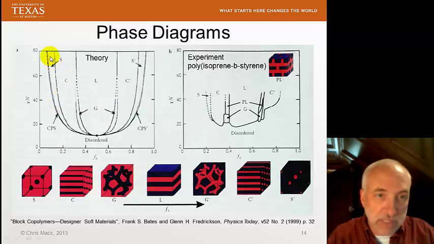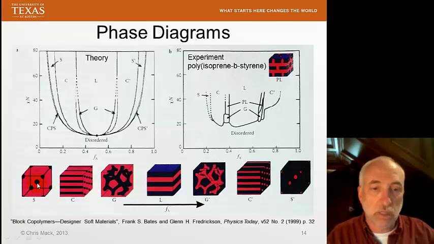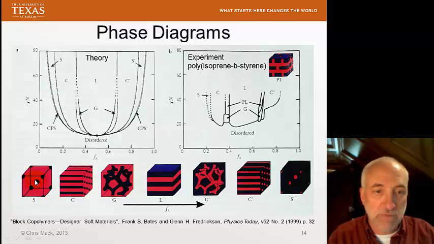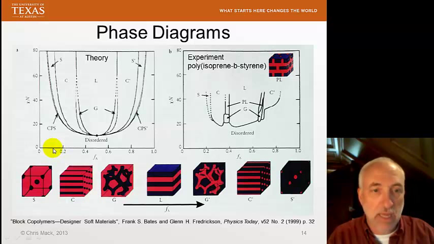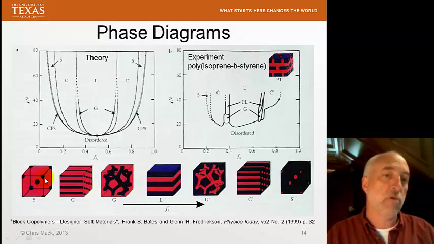And I find out, for example, here's a region that is labeled S, where I get a spherical configurations. Here the black is the A and the red is the B. So if I have a little bit of A and mostly B, the A will just associate with itself and form this spherical shape.